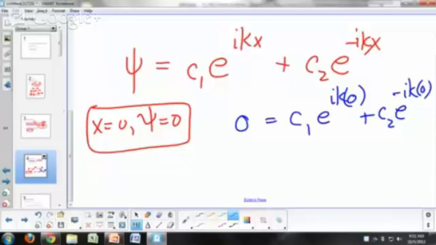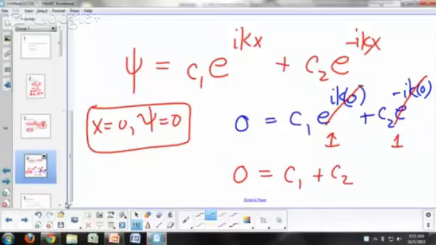So what is e to the 0? That's 1. And this is e to the 0. That's also 1. So we say 0 must be equal to C1 plus C2.